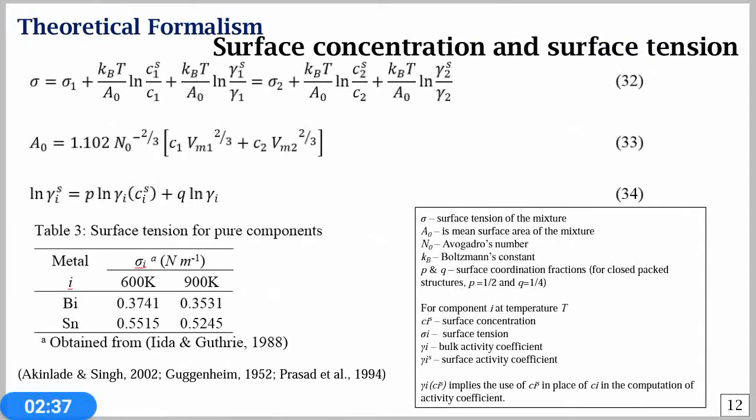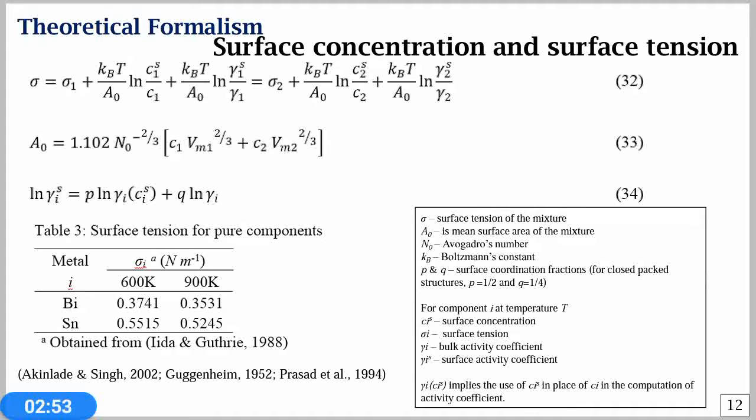So let's move to surface concentration and surface tension. Equation 32 was used to determine the surface tension and surface concentration of bismuth tin at 600 and 900 Kelvin.